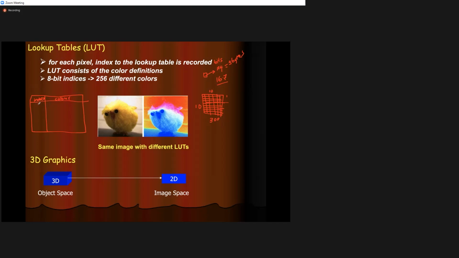The index represents 0, 1, 2, and so on up to n number of colors. And the real color, suppose the last one is 200. The real color is represented as a 24-bit color here. This is the original color.